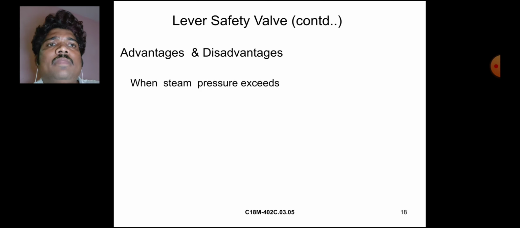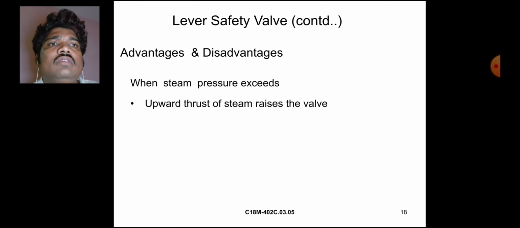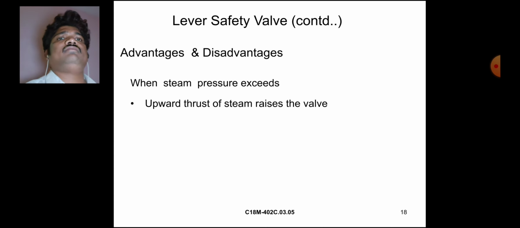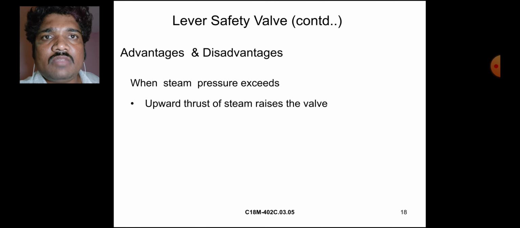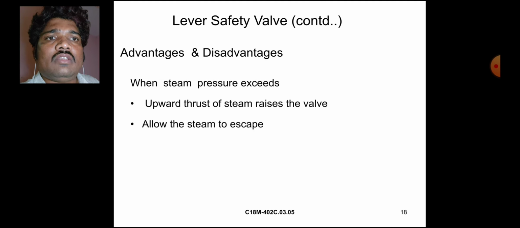When the steam pressure exceeds the limit in the lever safety valve, the upward thrust of the steam raises the valve and allows the steam to escape.